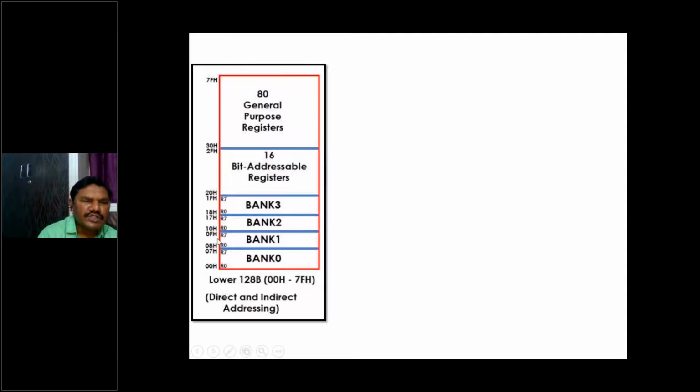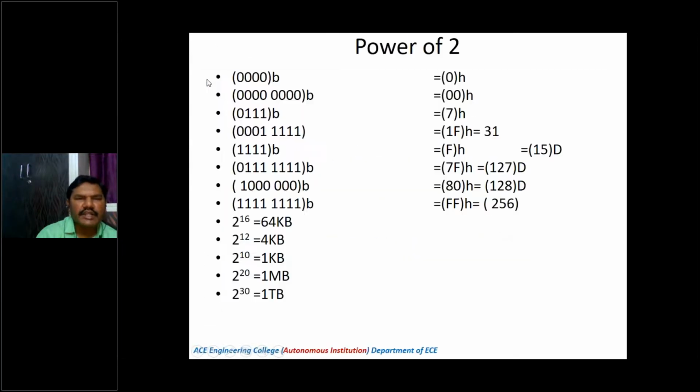How 00 to 7F is equal to 128, I have explained here. So 0000 is equal to 00H, eight zeros is equal to 00H. For 0111, you take the 2 power values: 2 power 2, 2 power 1, 2 power 0, right? So 1 into 2 power 2, plus 1 into 2 power 1, plus 1 into 2 power 0. If you add all the 2 power values of this binary, it is equal to 7. So 0001 1111 is equal to 1F, that is equal to 31.